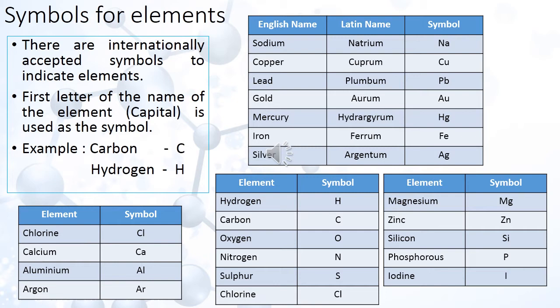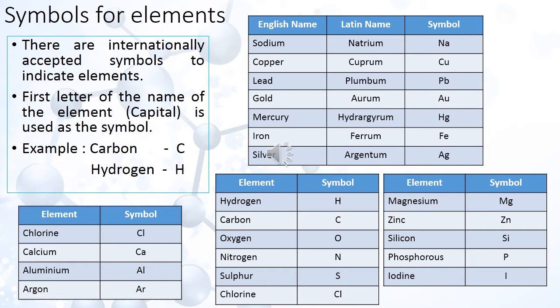Chlorine and calcium both are starting from letter C. So, we can't indicate both elements with the same letter, capital C. At that time, we are using another letter to help that symbol. The second letter should be a simple letter. Therefore, chlorine we indicate as Cl, capital C and simple l. Calcium we indicate capital C and simple a.